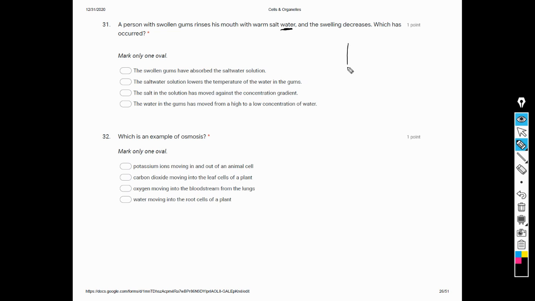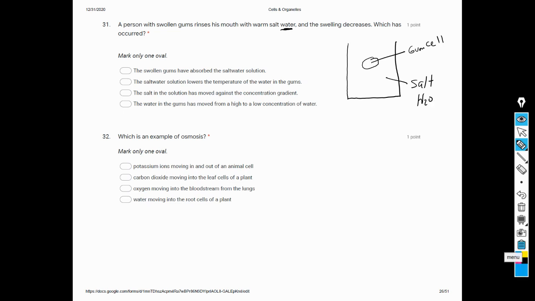One good approach to this, if you are not provided with a diagram, is to go ahead and draw this out. We'll label the cell as the gum cell, and then it says that we have exposed those gum cells to salt water.